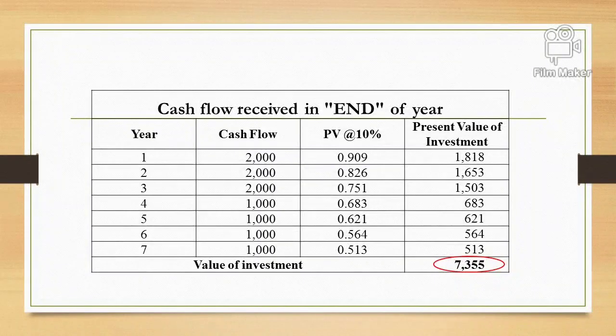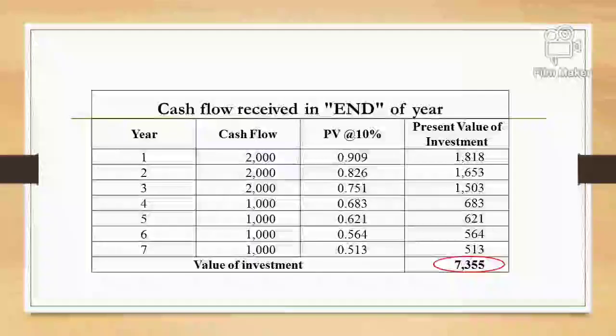So every year the cash flow will be multiplied with the respective present value factor, and when we total these present value cash flows, it will be the present value of the investment. So the total worth of this investment comes to 7,355.